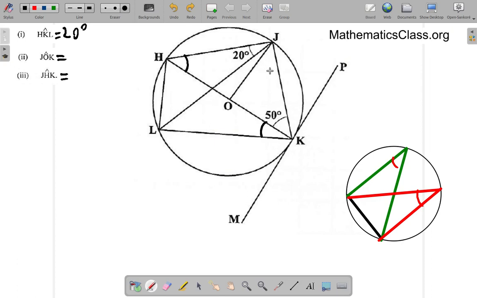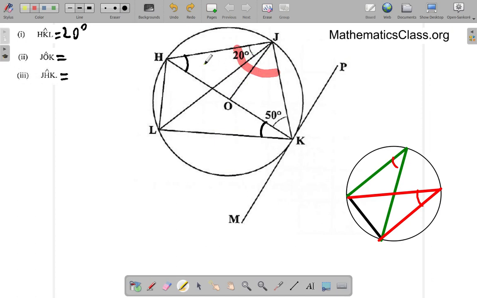Now the thing is, HK is a diameter of the circle, right? This is a diameter of the circle. And the angle lying on that chord, which is the diameter, is always 90. So all of this angle is 90 degrees.